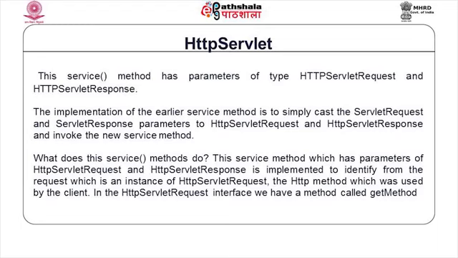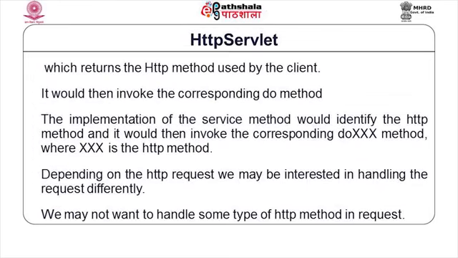The HTTP method is a GET method or POST method or a HEAD method or PUT, DELETE, TRACE; various methods were there. I may be interested in handling only the GET method. If it is a GET, then I would like to do this. If it is a POST, I might like to handle it differently, or maybe I do not want to handle it. I do not want to support some other method.